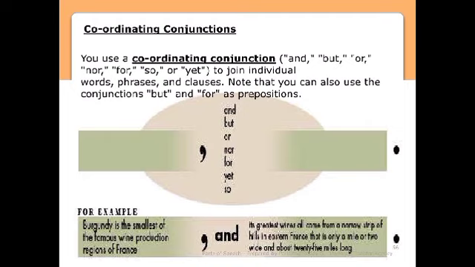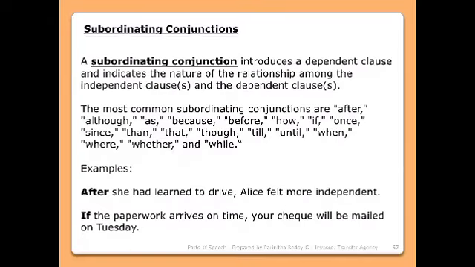Note you can also use the conjunction but and for as prepositions as well. For example, Bergerie is the smallest of the humanist wine production regions of France. Okay, so and, but, or, nor, for, yet, so. These are all the examples of conjunction.